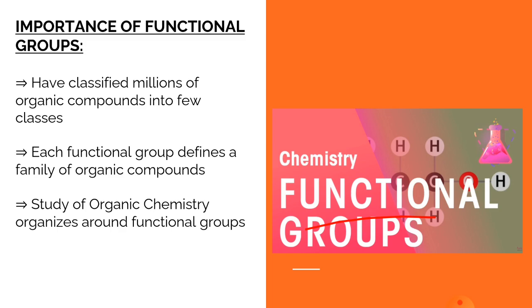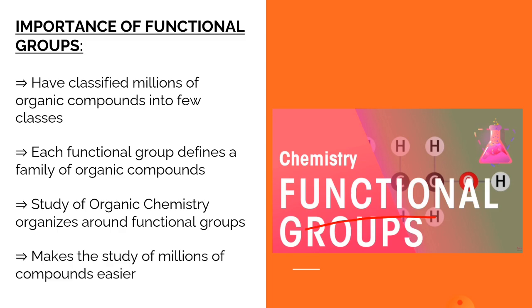Since these groups of atoms are mainly involved in those chemical reactions, the study of functional groups is necessary in order to understand organic chemistry. So functional groups make the study of millions of compounds easier.